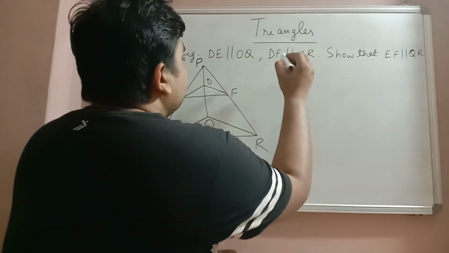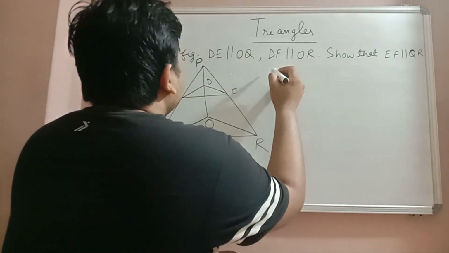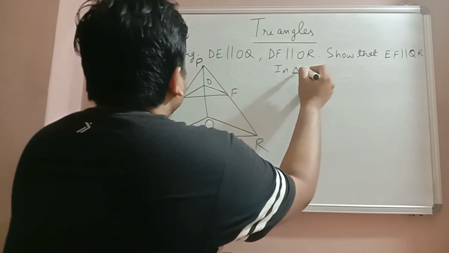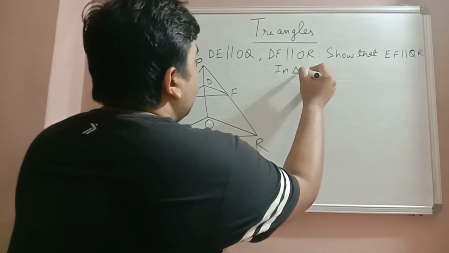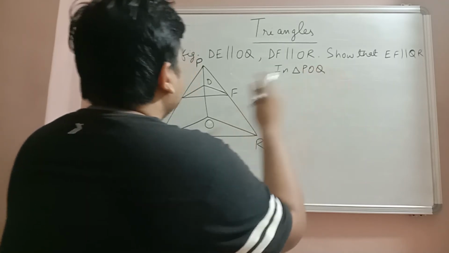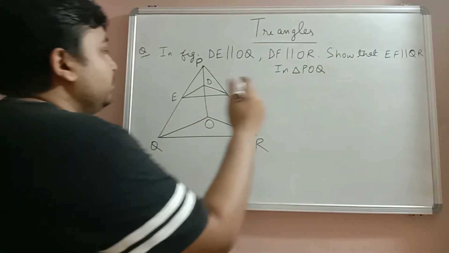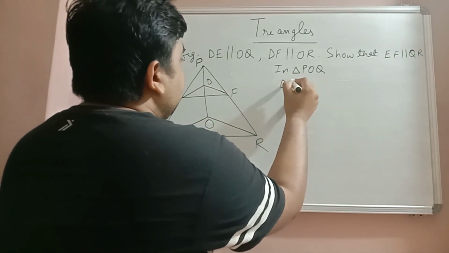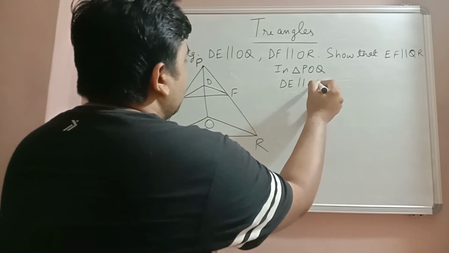So first let us take triangle POQ. In triangle POQ we have DE parallel to OQ.